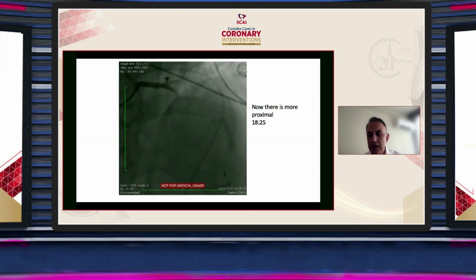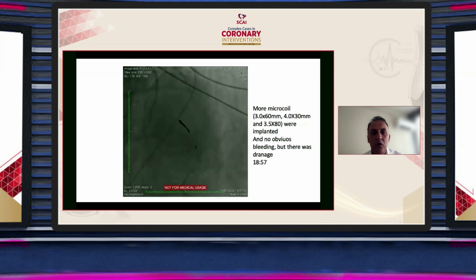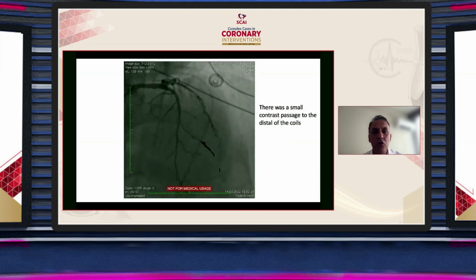It's very severe, and they did another coiling, and after the second coiling there is no bleeding now, but they are still having blood from the pericardial space, and heavy drainage, and they are very confused. There is no bleeding, but still they have lots of blood from the pericardium.